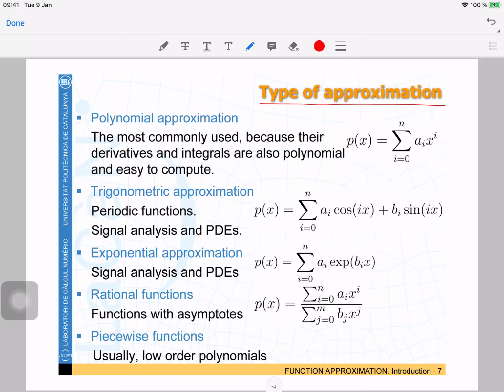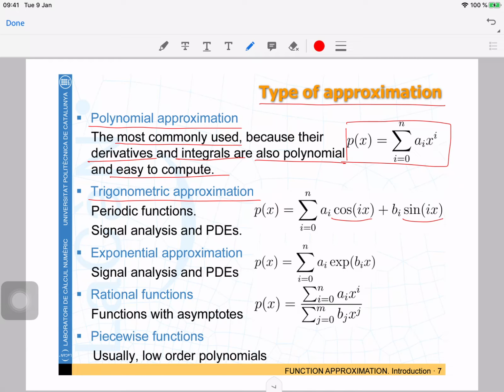Regarding the first ingredient, the type of approximation, we have different types. The most commonly used one is the polynomial approximation, because their derivatives and integrals are also polynomial and easy to compute. The second one is trigonometric approximation based on cosine and sine terms, commonly used for periodic functions, signal analysis and partial differential equations.